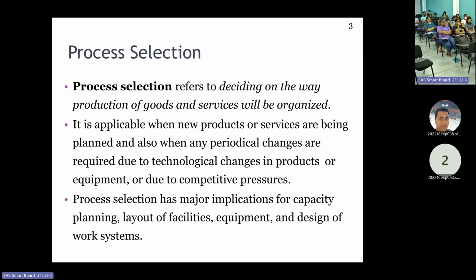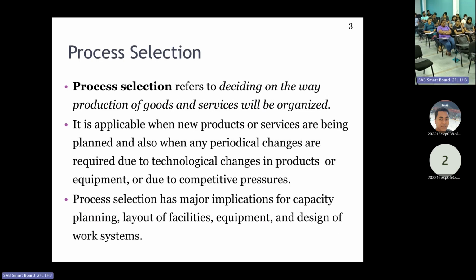It's partly technological decisions and partly a management decision that affect various other operations. That's the area we are going to cover today. Process selection is considered a strategic decision in operations.